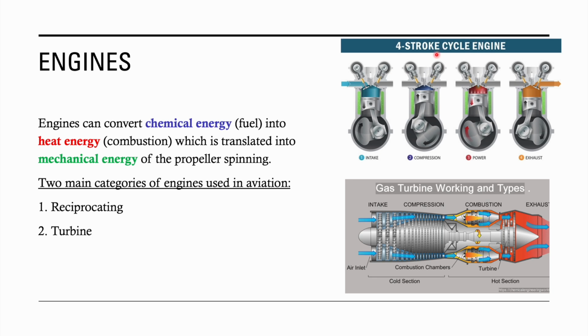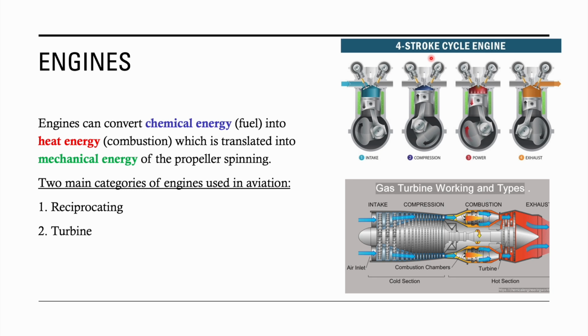So two main categories of engines we'll talk about: reciprocating engine here at the top, which is what we have, and a turbine engine. So that's about as much as I'm going to explain of the turbine engine. You really don't need to know it for the written test. You don't need to know it as a private pilot. You just need to know what you're actually flying.